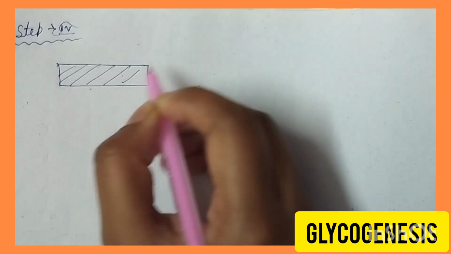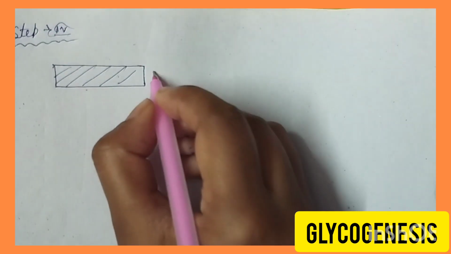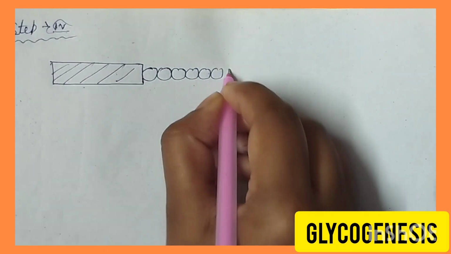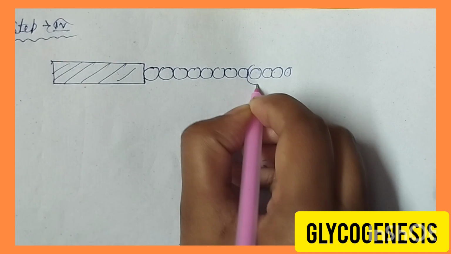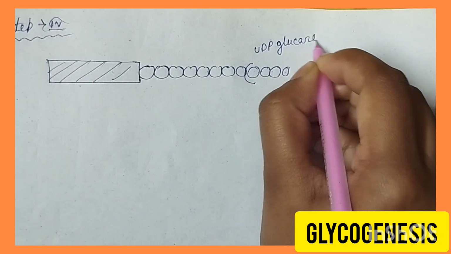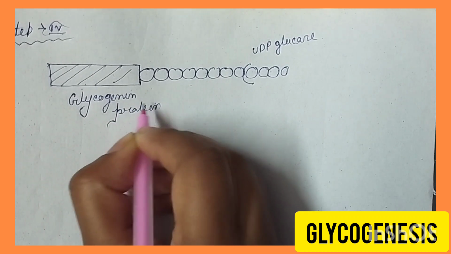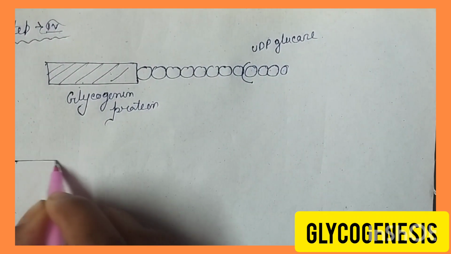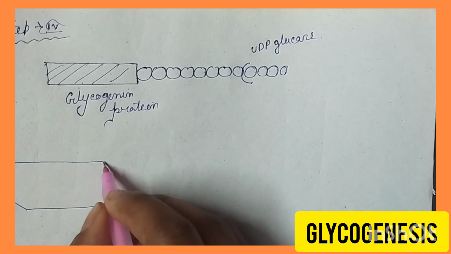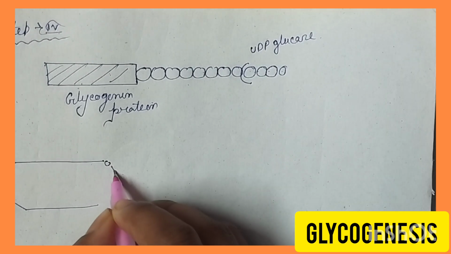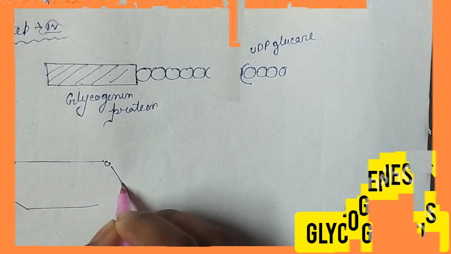In the fourth step, first I draw the glycogen primer and glucose molecule. Forming UDP glucose is an important step, since UDP glucose is the active glucose molecule. The UDP glucose joins with the last glucose residue forming a 1,4 linkage, and UDP is released.